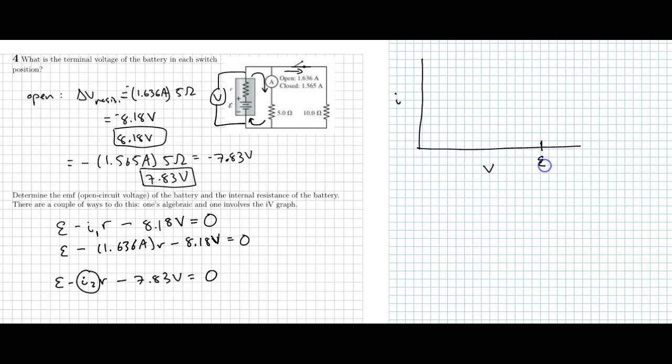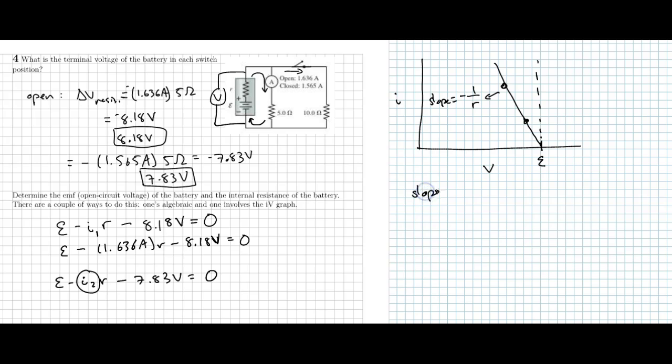Second method, I can use an IV curve, right? So there's the EMF, the ideal voltage, and then this thing slopes back. The slope is negative 1 over R. Well, I have 2 points, so I can figure out the slope of this graph.